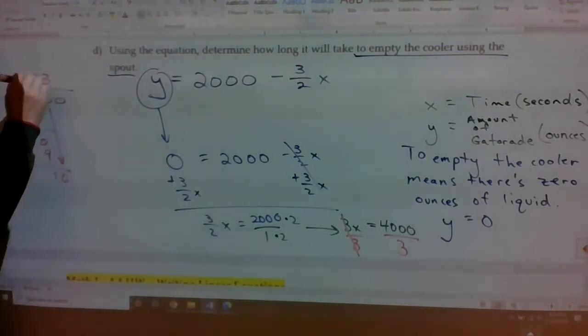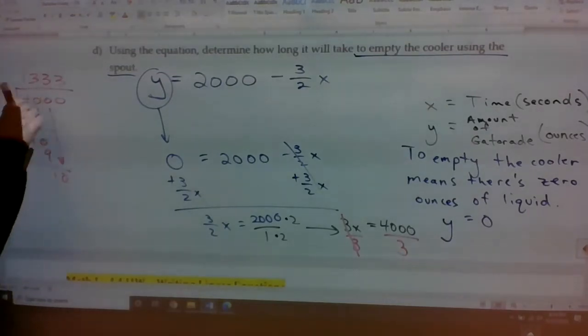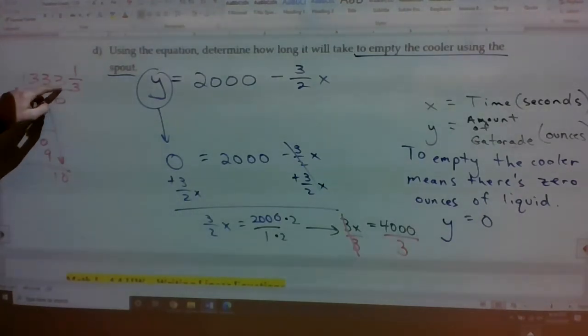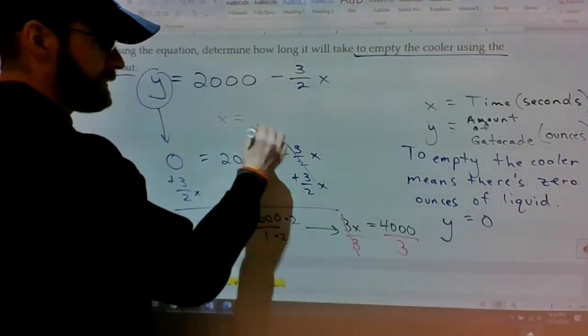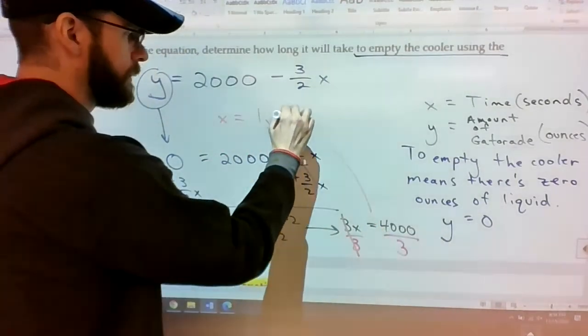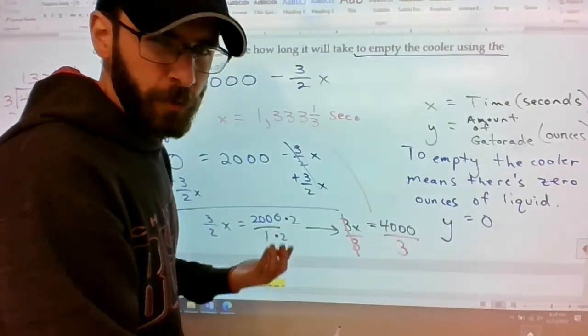Oh, it's one of those repeating dealios. So it's 3, 3. And then there's going to be 1/3 left over at the end. So it's 1,333 1/3 seconds, or 0.3 repeating seconds?